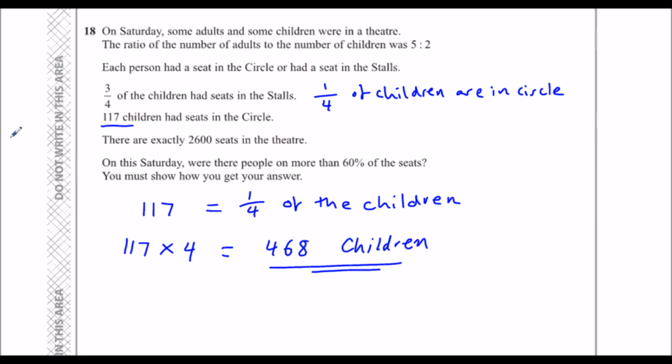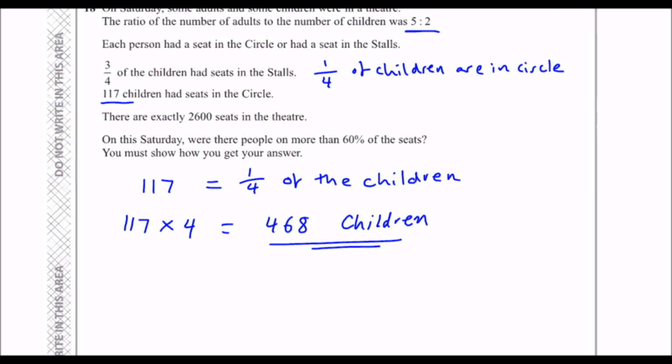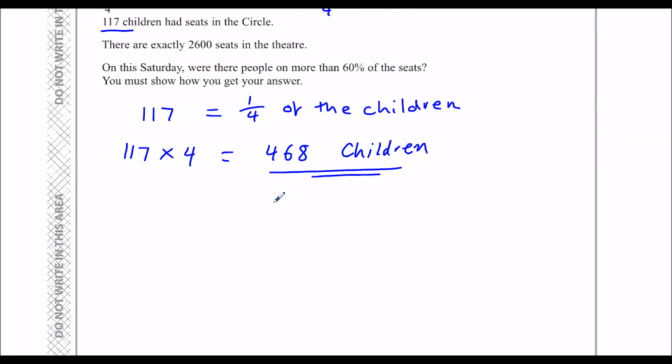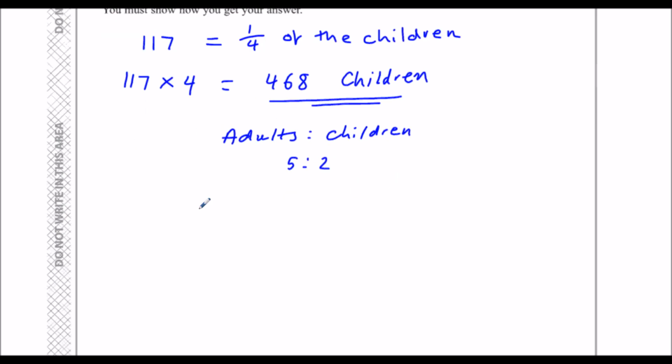Okay, let's work out how many adults there are. We're going back to this ratio now. Adults to children is 5:2, and we know there are 468 children.